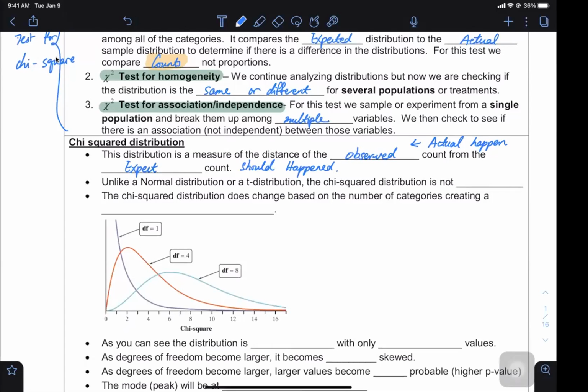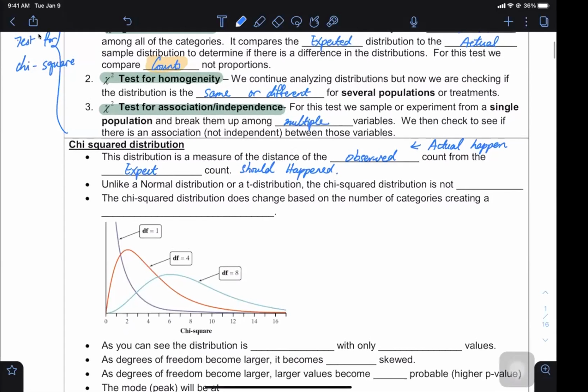Unlike a normal distribution or a t-distribution, the chi-square distribution is not symmetrical. It changes based on the number of categories, creating a degree of freedom. Just as the t-distribution is affected by the degrees of freedom, the chi-square is also affected by the degrees of freedom.